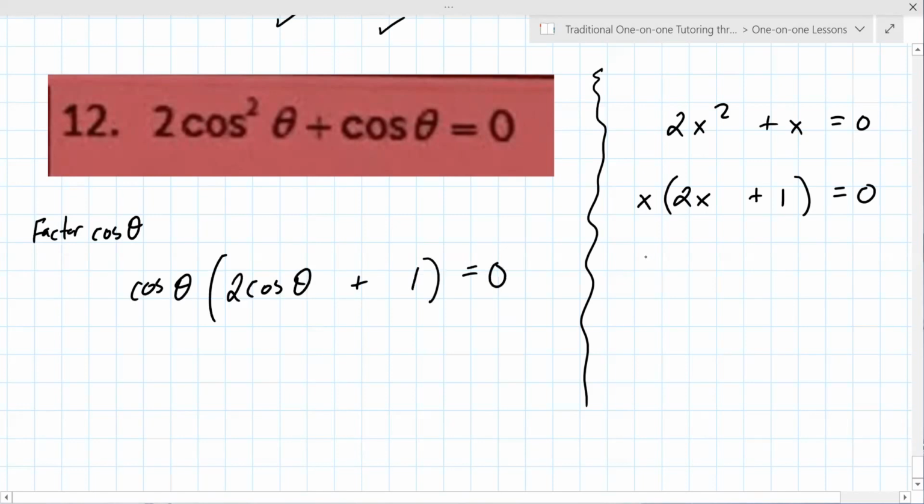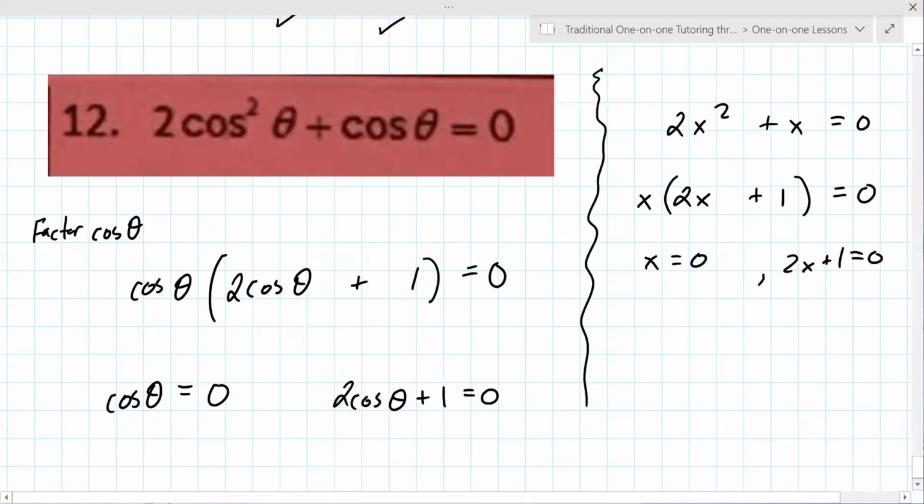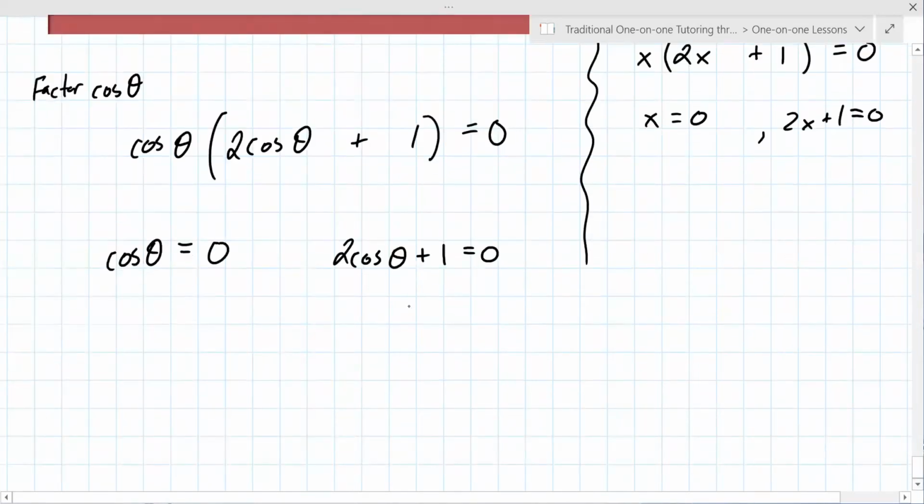And on the right, you know to set each of the factors equal to 0. So here on the left, you do the same thing. So cosine theta equals -1/2 and cosine theta equals 0.